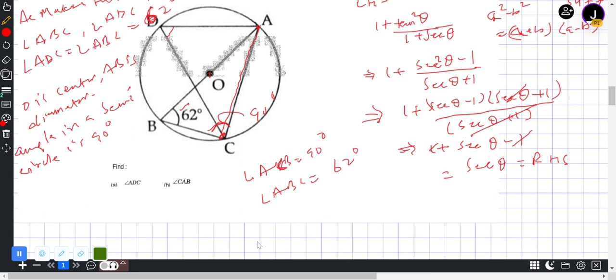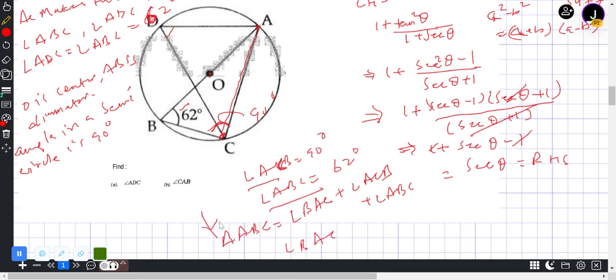In triangle ABC, what is left is angle BAC, plus angle ACB plus angle ABC. These two you know, right? What is the sum of all angles in a triangle?